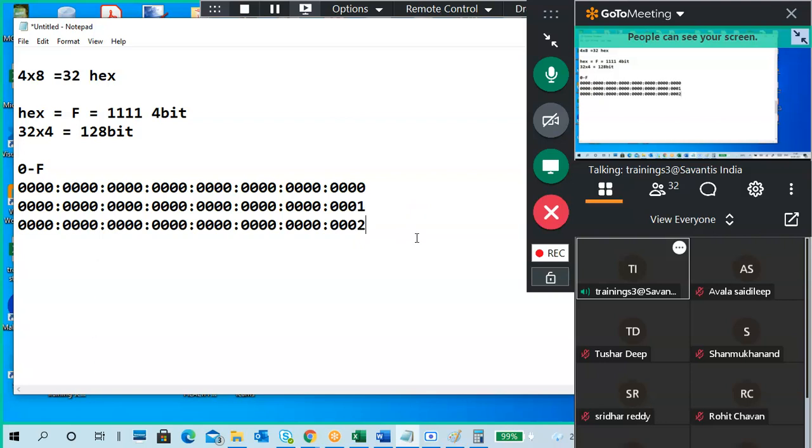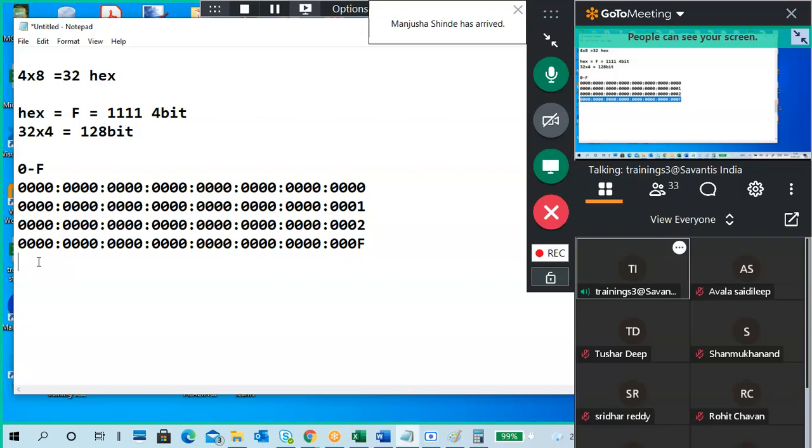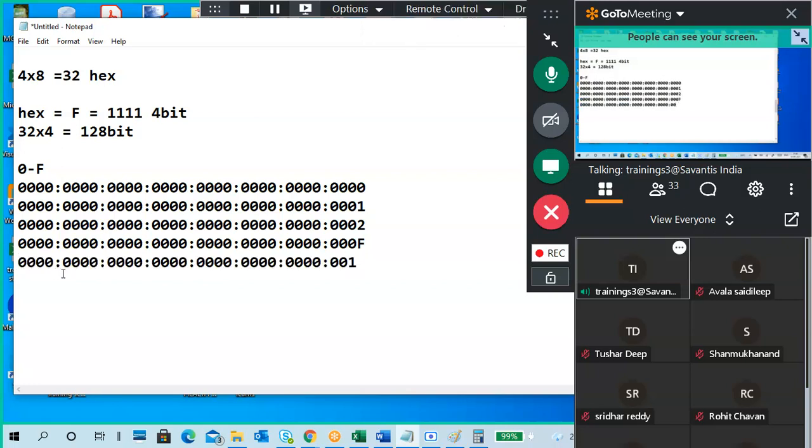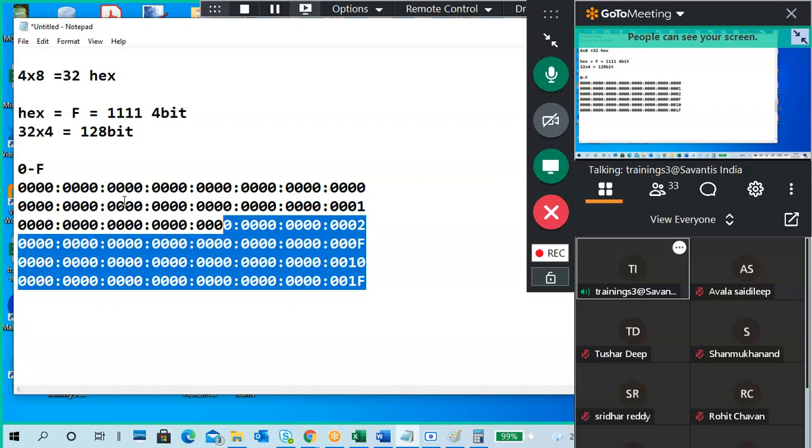2, till, guys, don't worry, till it reaches F as a sequence. Then 1 0, up to 1 F. Okay, up to here.